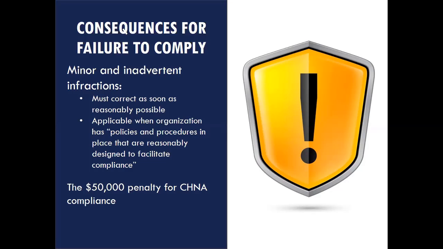So in this case, if they are minor, the example that the IRS gave specific to a community health needs assessment is that the organization finds it wasn't available for a couple of days because of some inadvertent technology malfunction. So it wasn't on your website for a couple of days because your website went down. Well, that would be minor, and that wouldn't be something that would result in revocation.